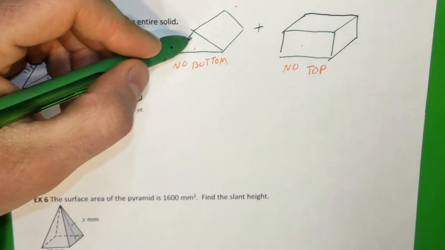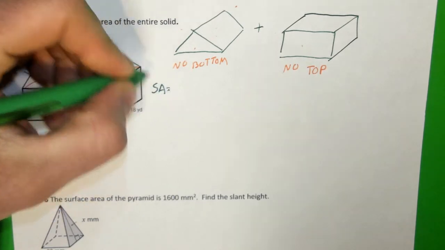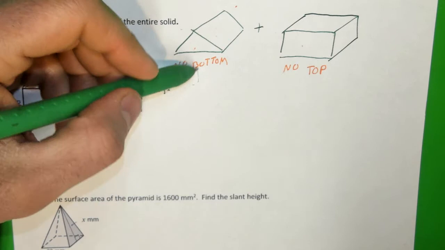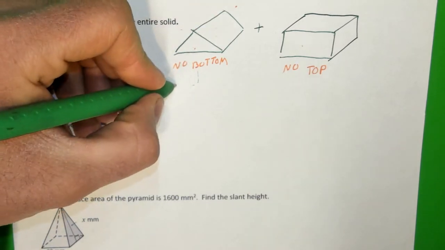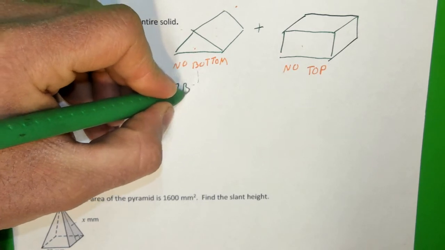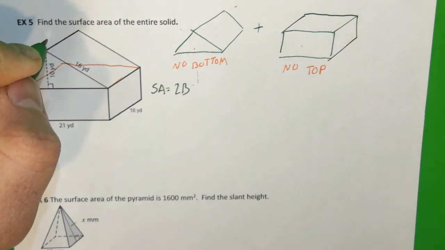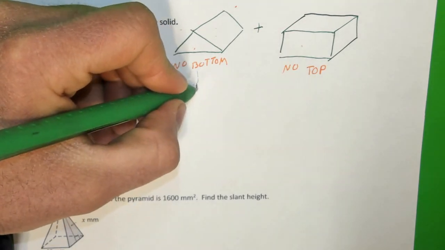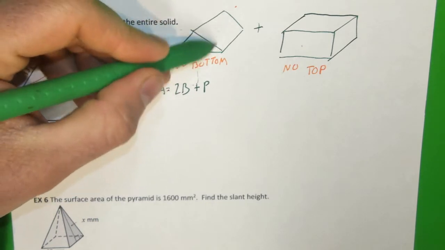For our first prism, when we calculate our surface area, we are going to talk about our bases being the very front and the very back. So this one does have two bases. Even though it doesn't have a bottom, it has two bases. And then we're going to add on our perimeter, but not the entire perimeter, because we're going to be removing the bottom portion.